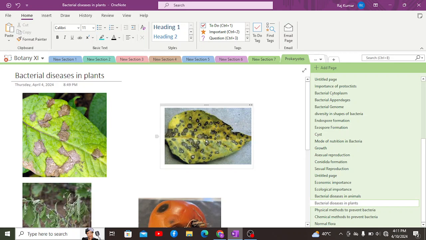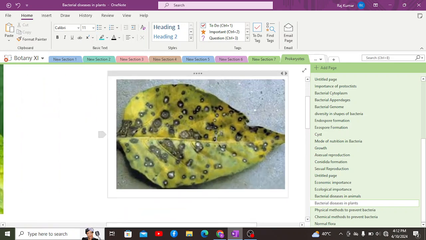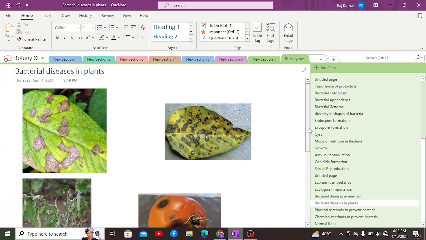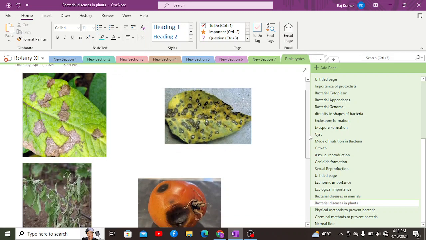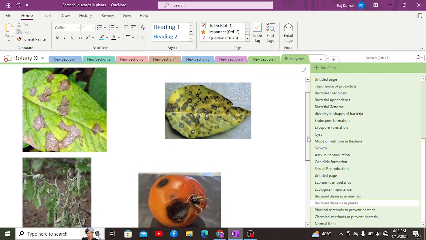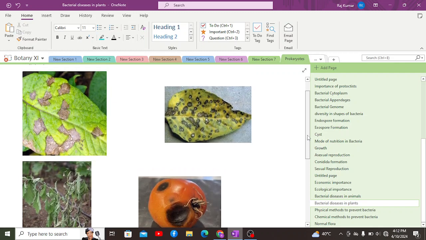Apart from that, when it comes to the causative agent which is responsible in this case, it is basically what we consider as Xanthomonas.